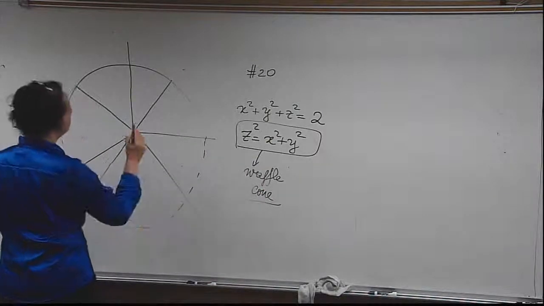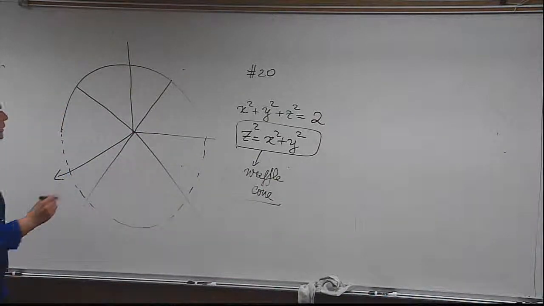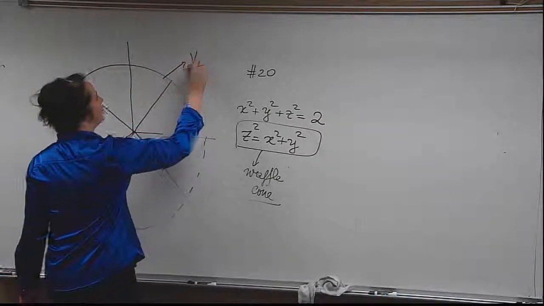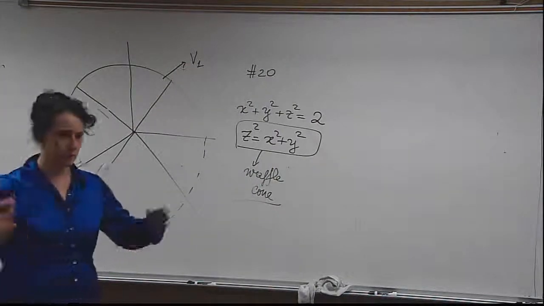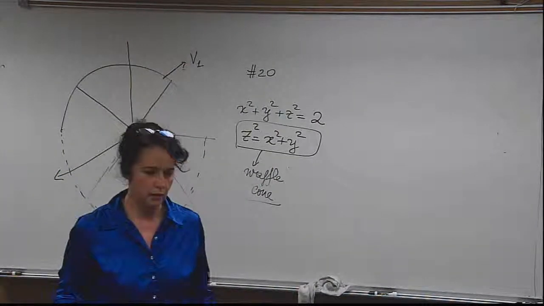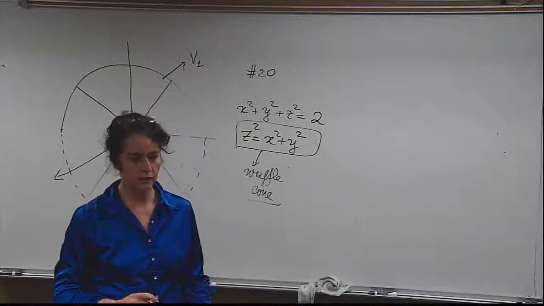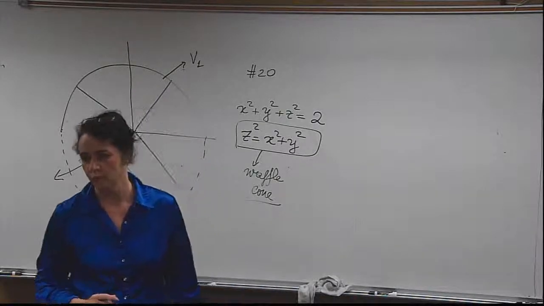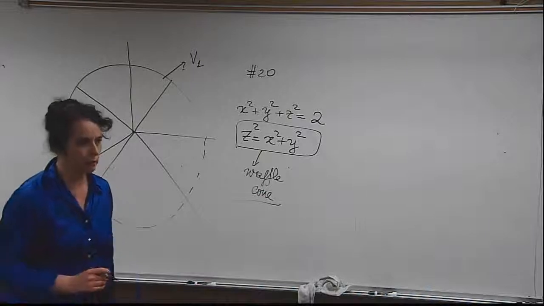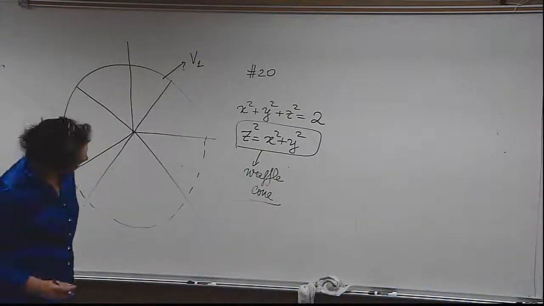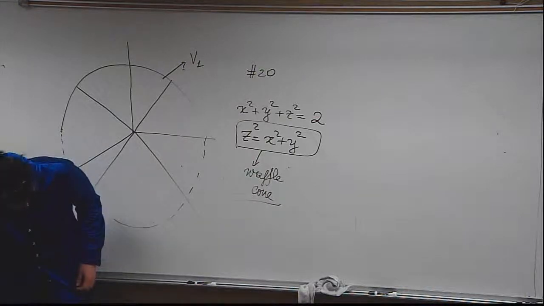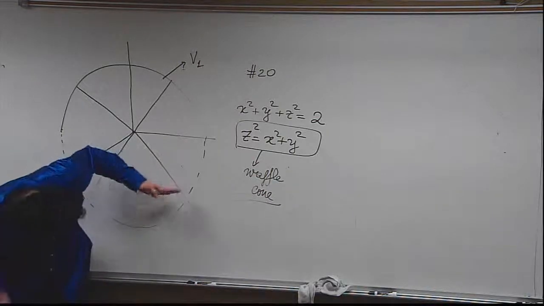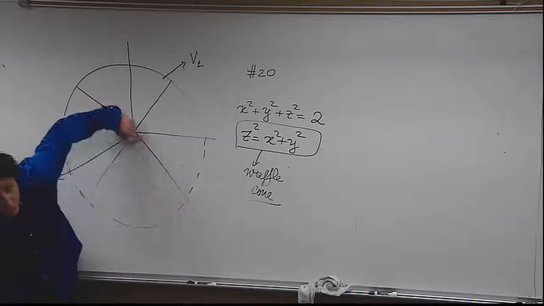Now, I'm only going to look at this V1 cone. The problem just says the sphere lies above the cone. But if I turn my head like this, depending on my reference frame, this is also lying above the cone.